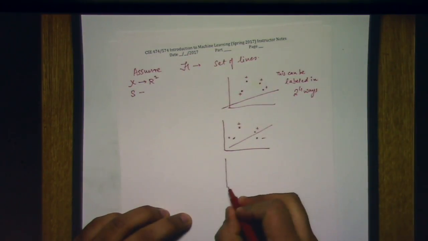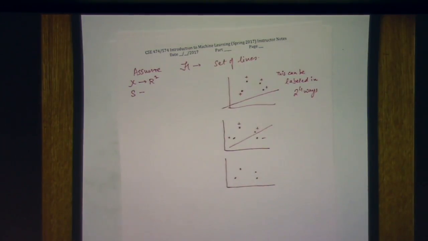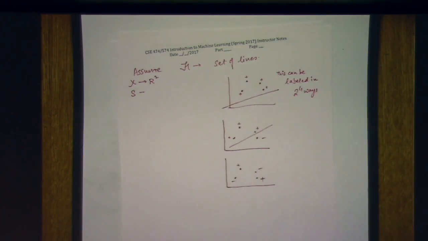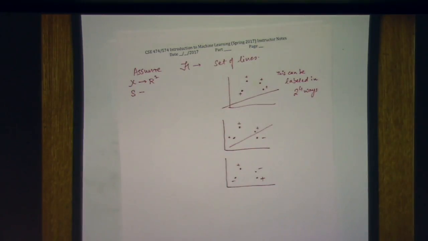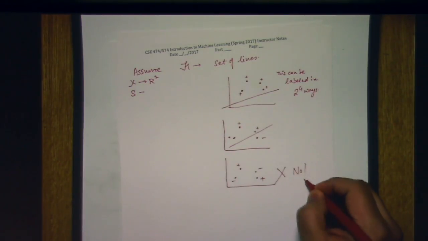Then there could be another, and let's say I color it like this. Now is there a line from this H that can classify them perfectly? The answer is no. You can never draw a line such that all positives are on one side and all negatives on the other. So a big no over here.